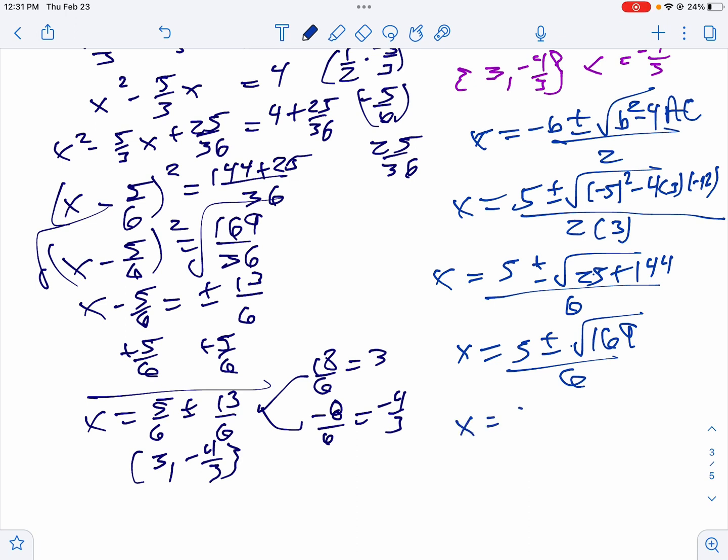So x equals 5 plus or minus 13 all over 6. 5 plus 13 is 18 over 6, which is 3. 5 minus 13 is negative 8 over 6, which is negative 4/3. So we get 3 and negative 4/3.